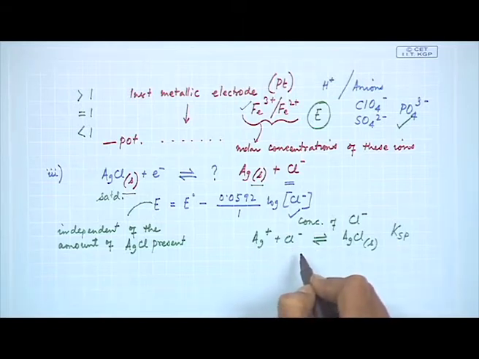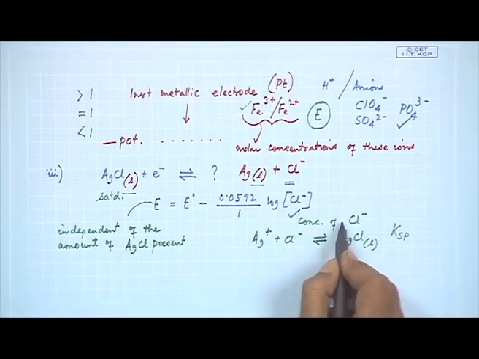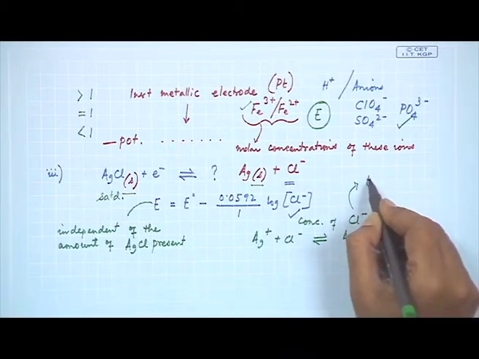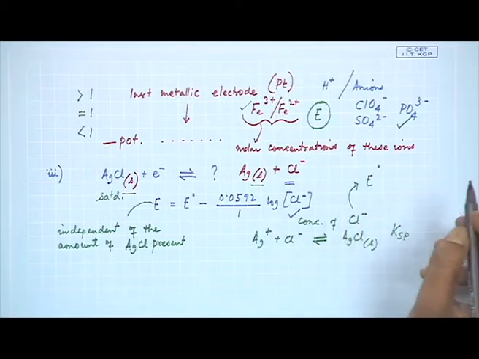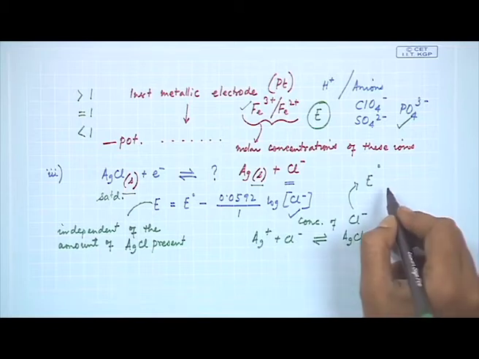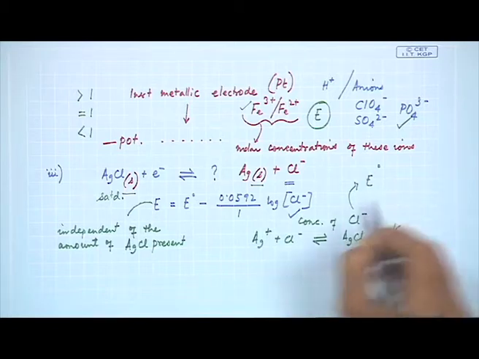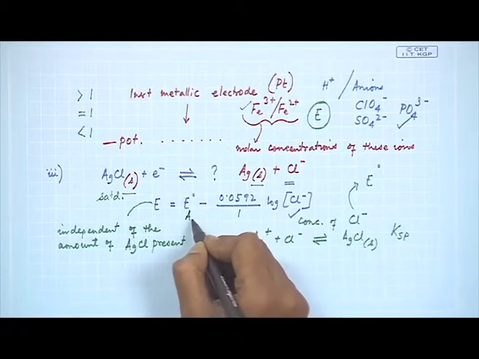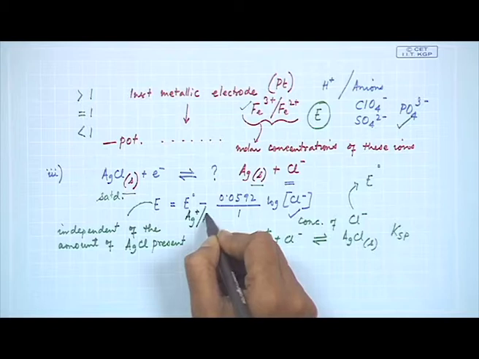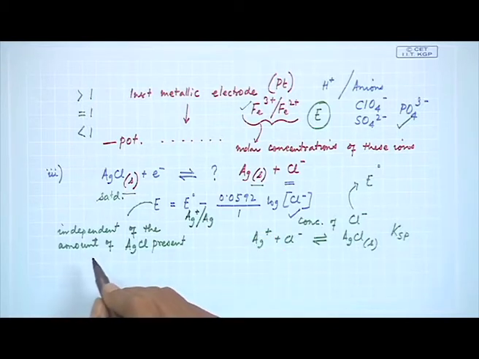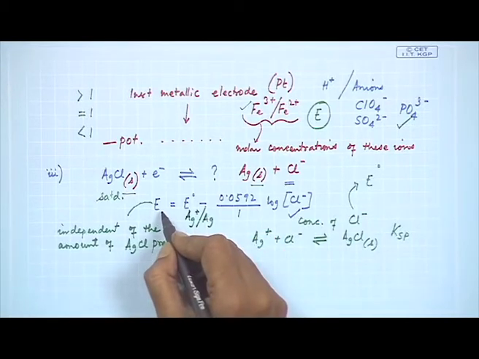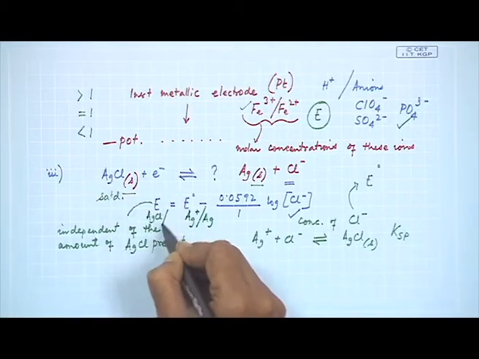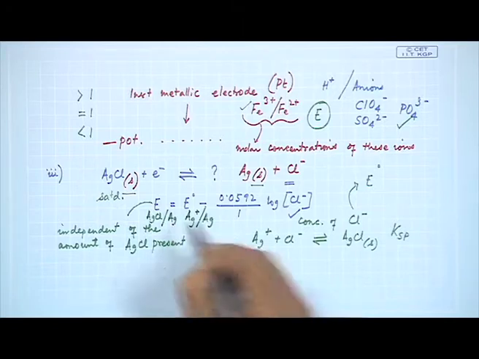So, the concentration of this Cl minus can control the values of your E0. In this particular case, the E0 value we will be using is not for the silver ion to silver reduction reaction, but for the silver chloride and metallic silver.